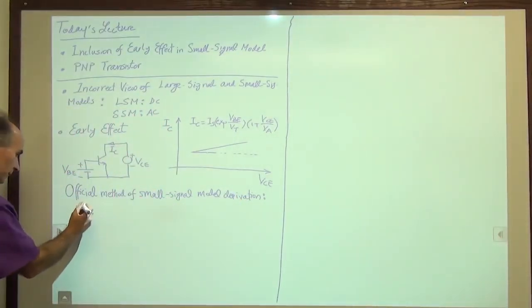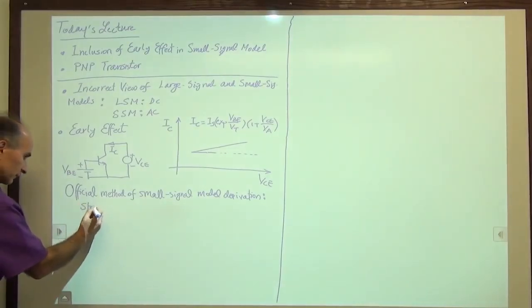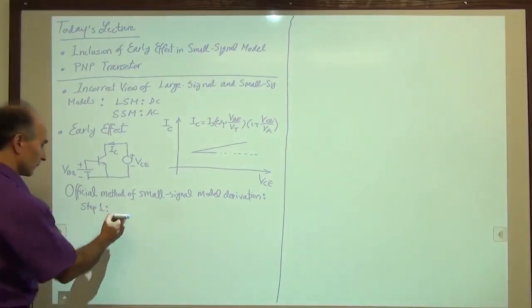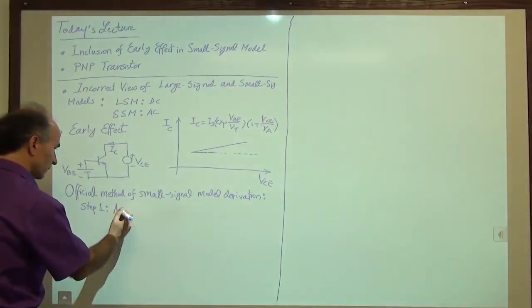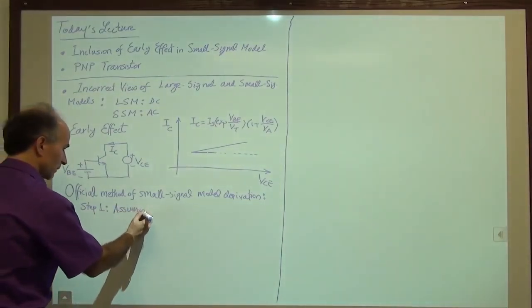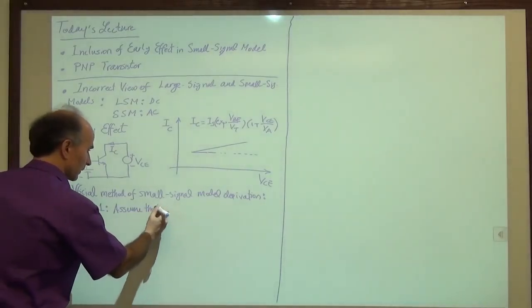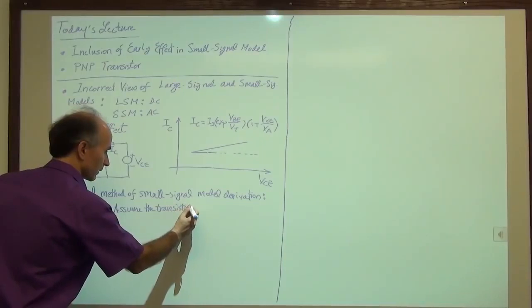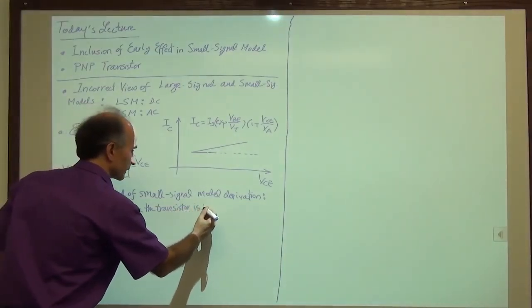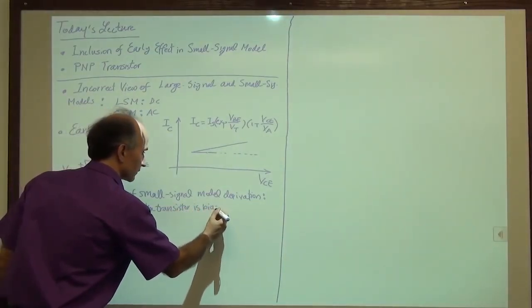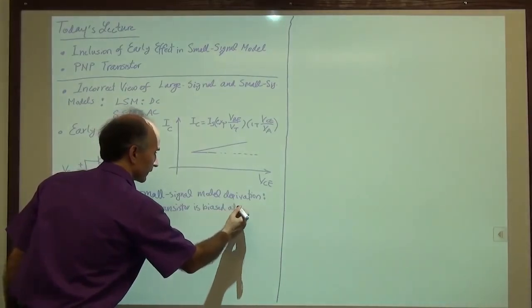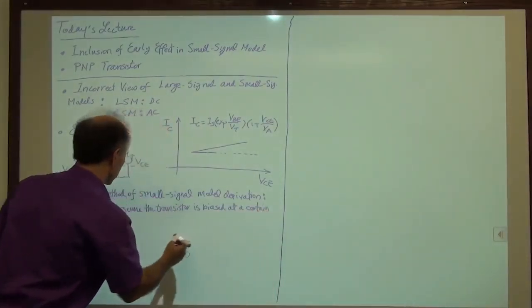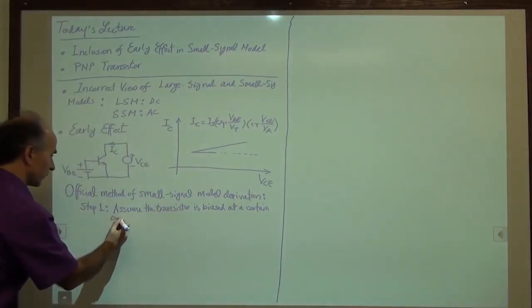In step number 1, assume the transistor is biased at a certain operating point.